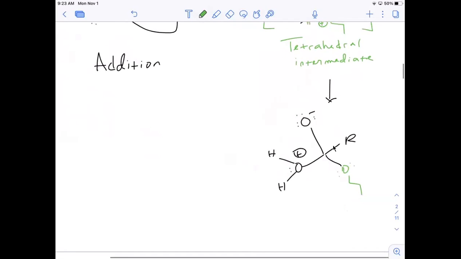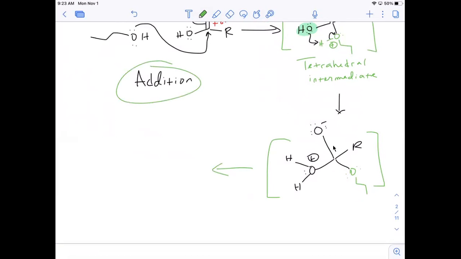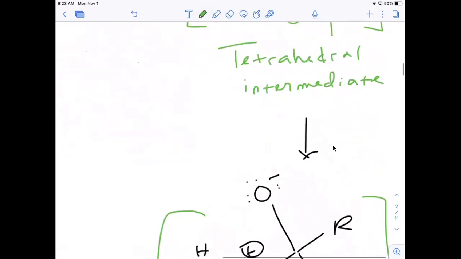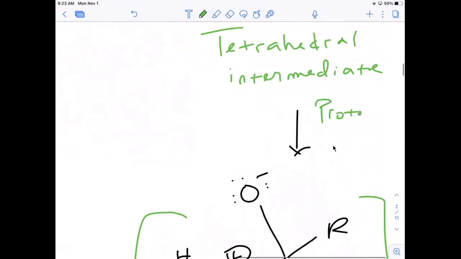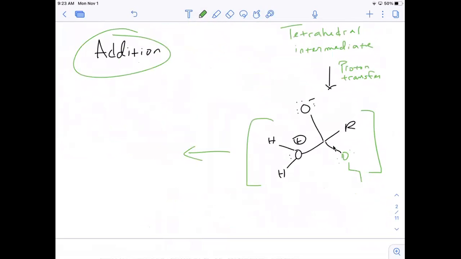All right. Now, if I wanted to lose water, this was the addition step right here. And then this was a proton transfer step. What can I do to get rid of water? Is this where our elimination step comes in or not yet?